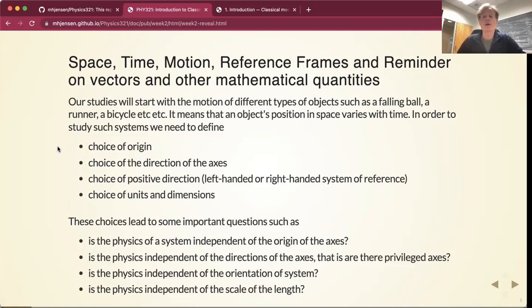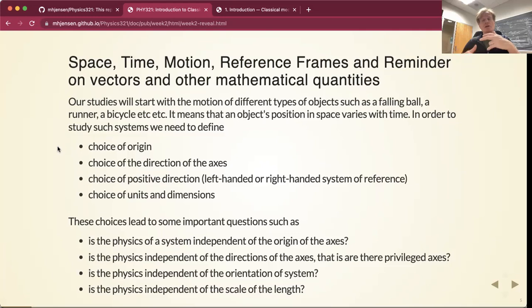Similarly, if we look at the directions of these axes, if there are some specific privileged axes, some orientation of the systems, the physics and the physical laws should be independent of that. That leads to what we normally call a rotational invariance. You could think of having a three-dimensional Cartesian system which you are rotating by a specific angle.